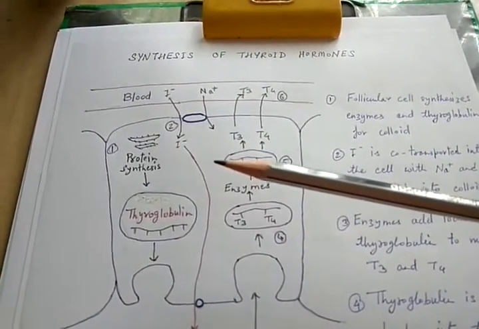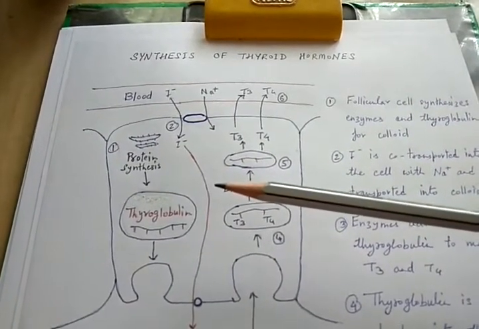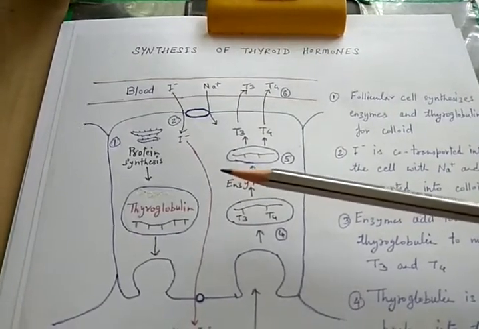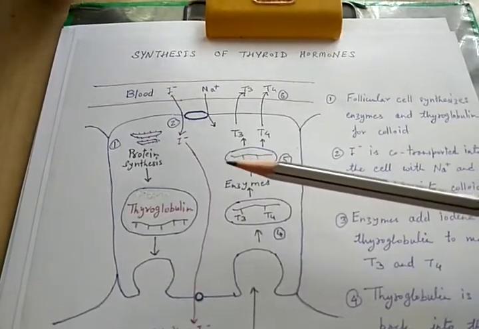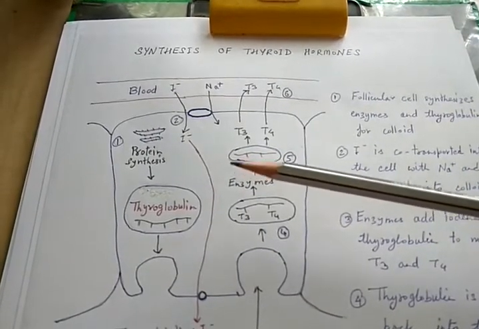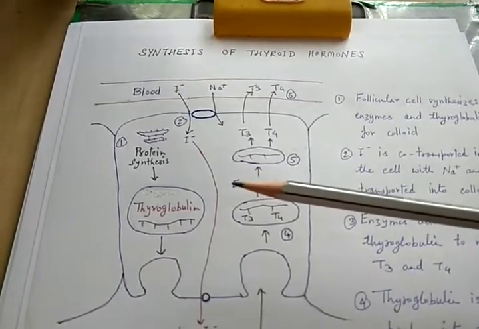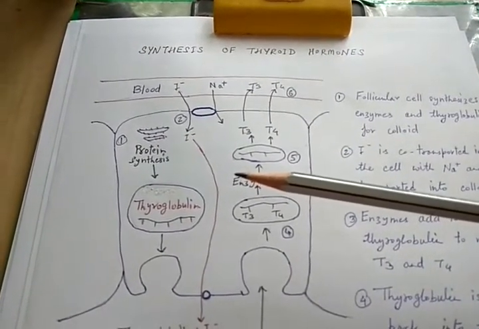The synthesis of thyroid hormone can be described as three major steps: the production and accumulation of the raw materials, the synthesis of thyroid hormone, and last, the release of thyroid hormones.